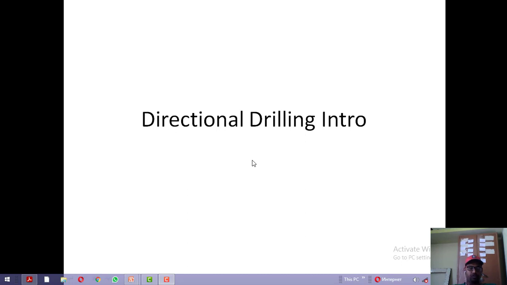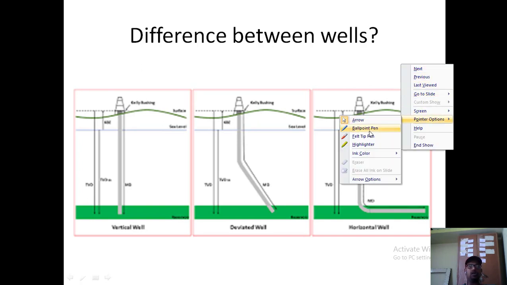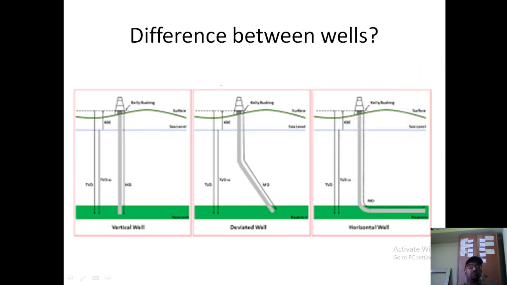Before going to the introduction, let us see the difference between a directional well, a vertical well, and a horizontal well. Although this figure is not so clear, I'm keeping it to help you understand the difference between these types of wells.